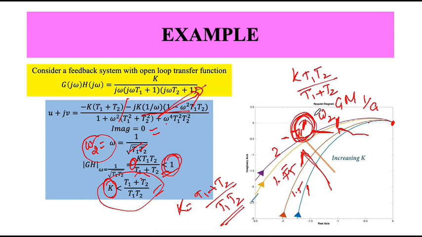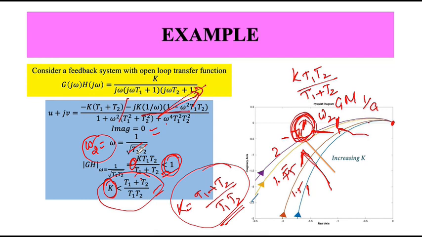Okay, and we will just show you how to plot the changes with varying the gain, how to quantify that. Well, that is this one, right? So what is the magnitude here? It is k t1 t2 by t1 plus t2. What happens when k is equal to 2?